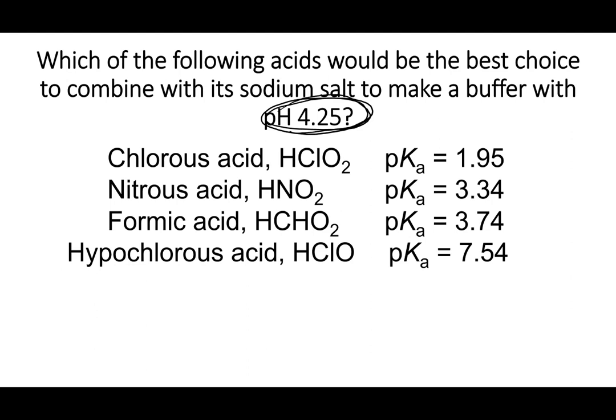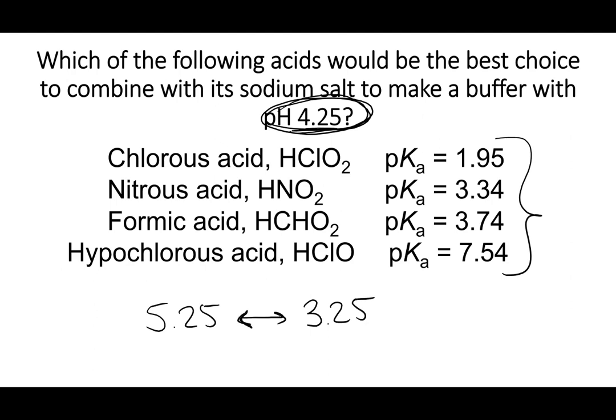So this is the pH of the buffer that we want, and we want to pick which one of these would be the best one to make the buffer out of. If we want a pH of 4.25, it's certainly going to have to be within that range. So we're going to have to pick a buffer that's between 5.25 and 3.25. So something in this range, and then specifically the closest to that.